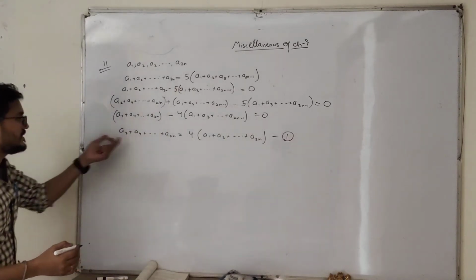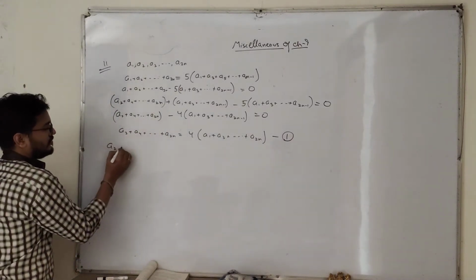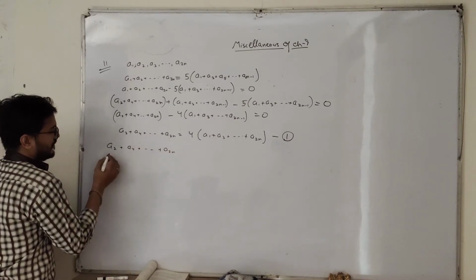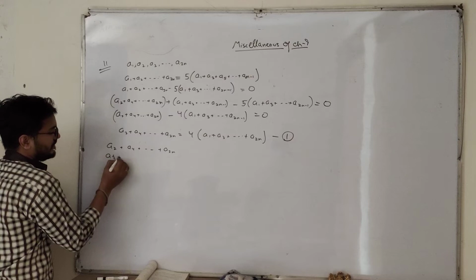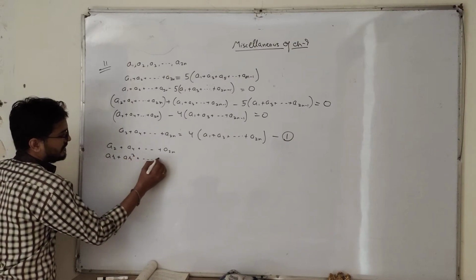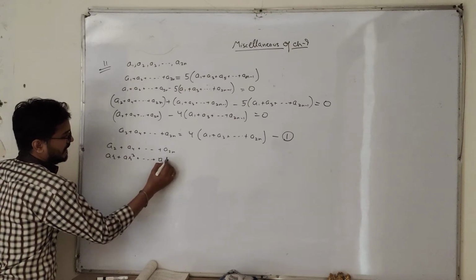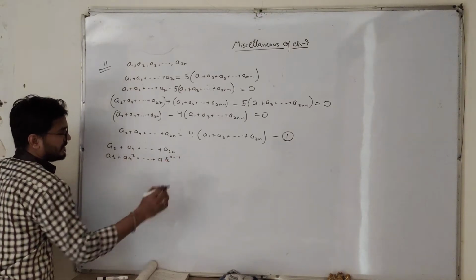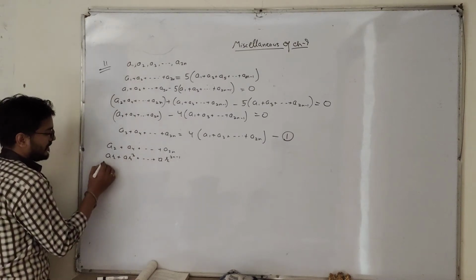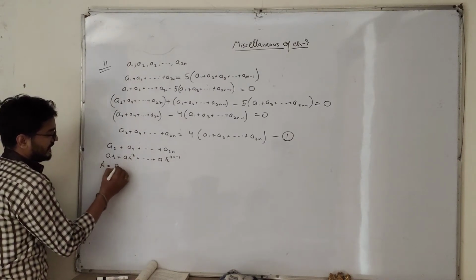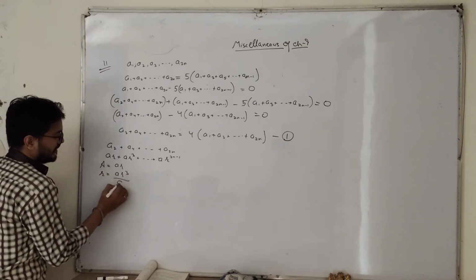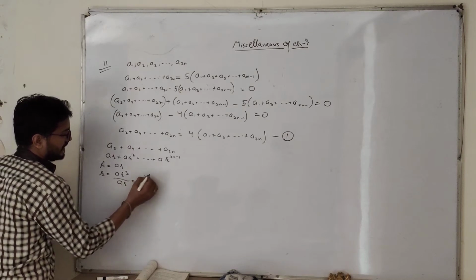So for this series A2, A4, up to A2n, we can say this is AR plus AR cube plus up to AR raised to power 2n minus 1, right? So first term is AR, common ratio is AR cube upon AR, R square.